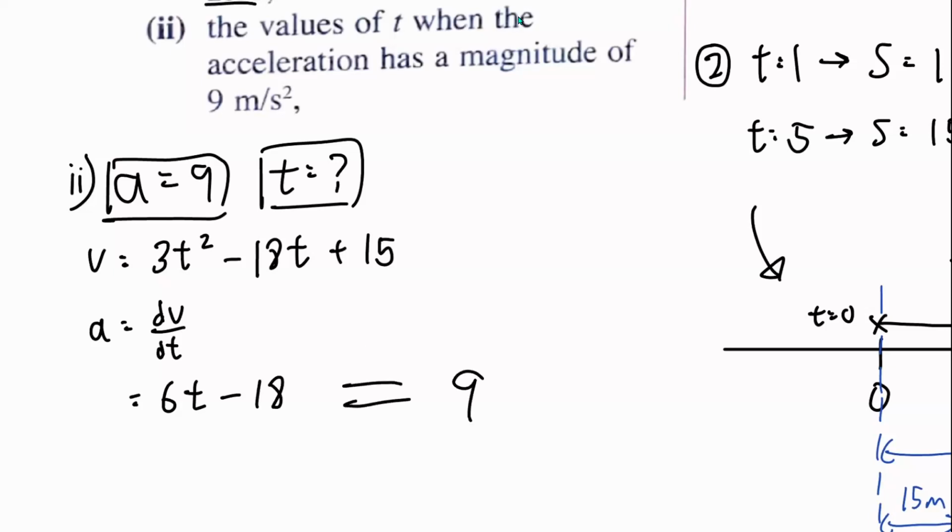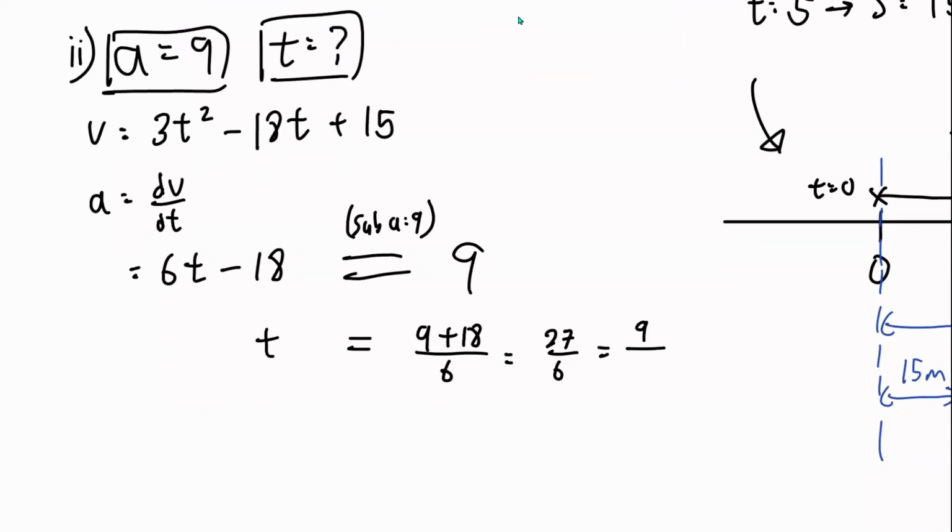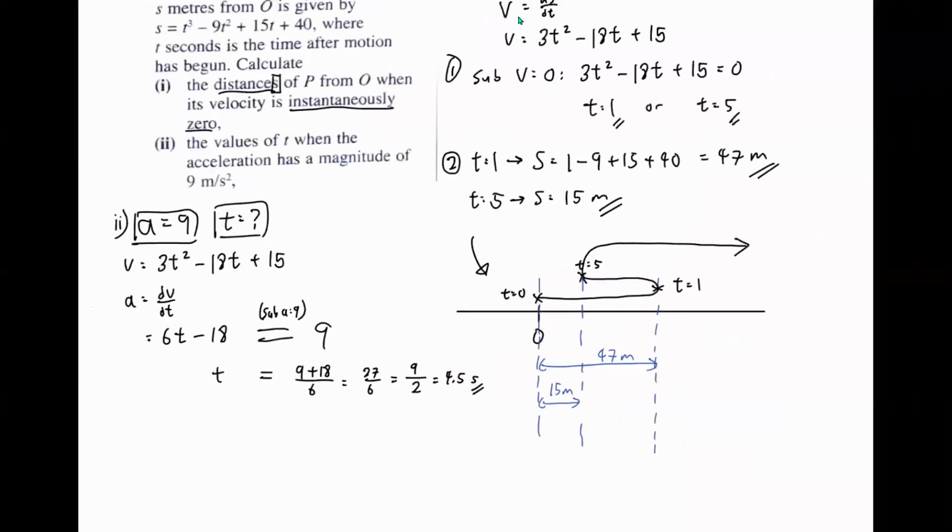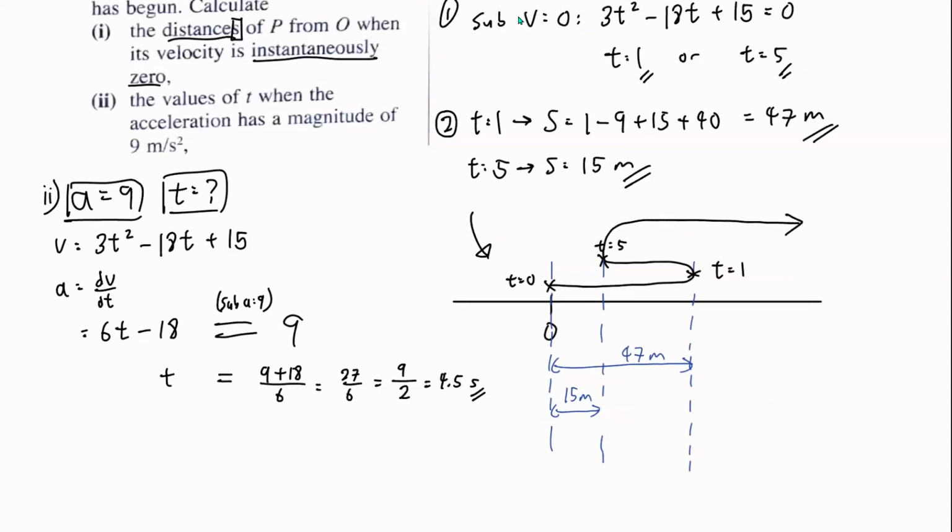Sub a equals 9. So 27 over 6. Divide by 3, you get 9 over 2, 4.5. Okay? Yeah, that's it. Values of t. Bad question, bad English. Should be just value. Only one.